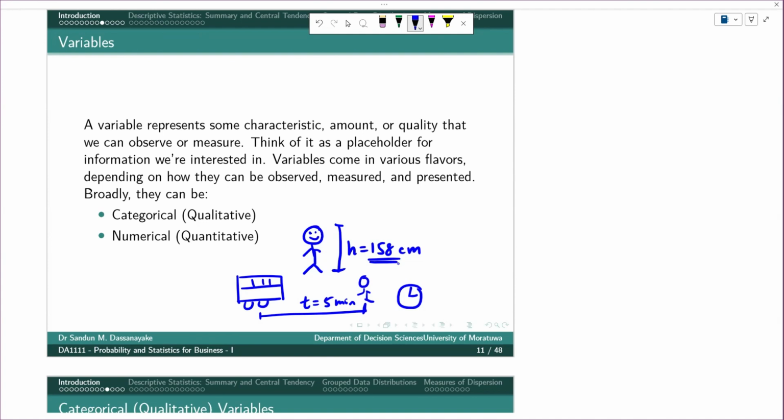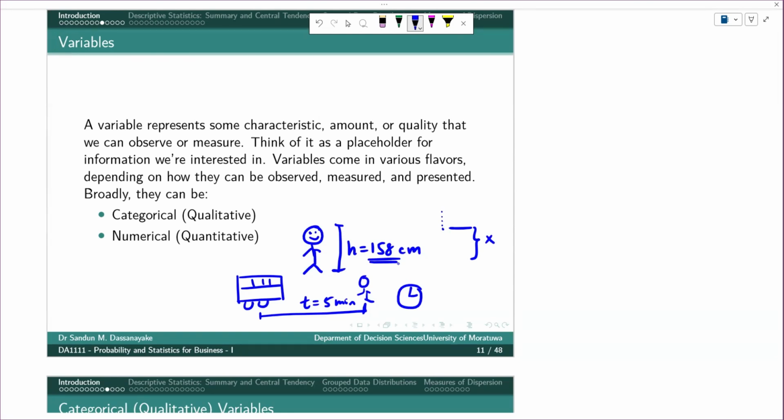For example, let's say that you are going for an interview, maybe for air hostess, or maybe for the military. In both cases, they are measuring the height. There is a certain height level, and anything above that height level is accepted.